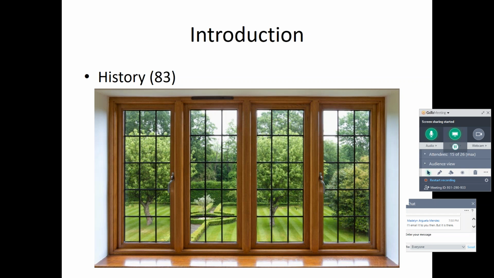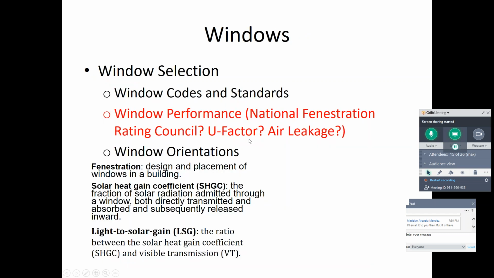So when we move into our window section, it's going to be a good portion of our homework. We have windows, codes, and standards, window performance, such as National Fenestration Rating Council, U factor, and air leakage. The question marks are supposed to be, we should pay attention to those in our textbook when we're doing our homework later. So how much does the manufacturer say on the sticker that's provided with it, or the info?